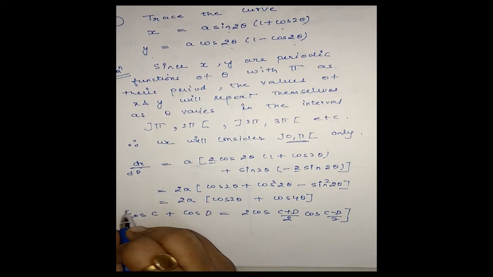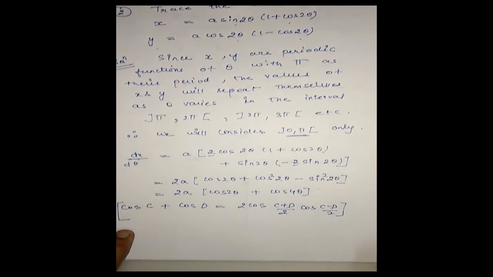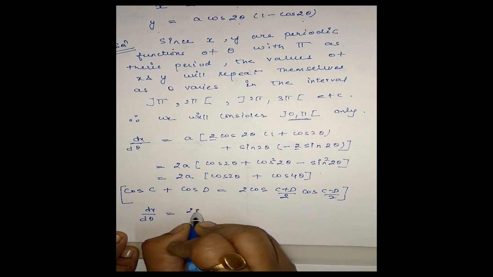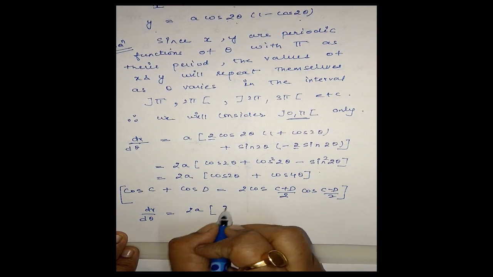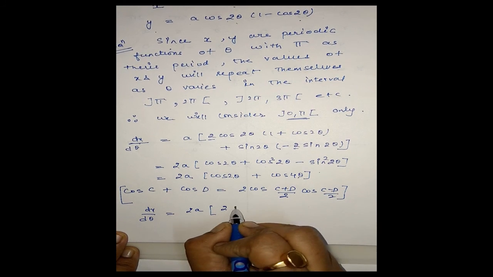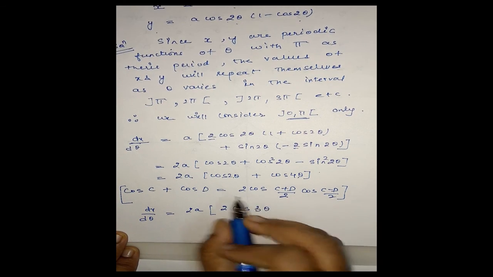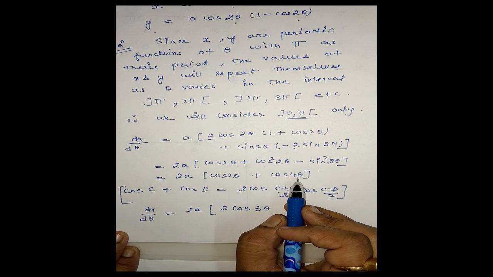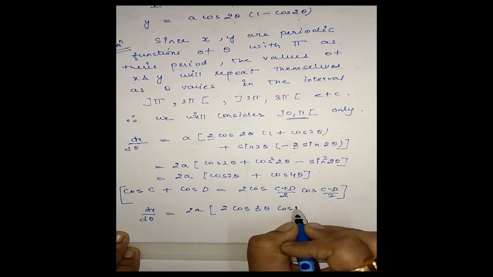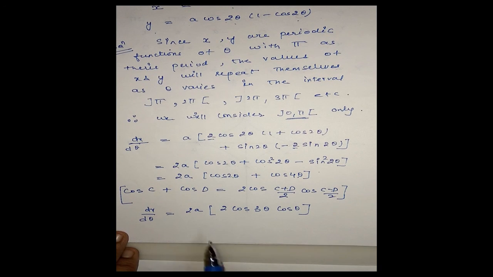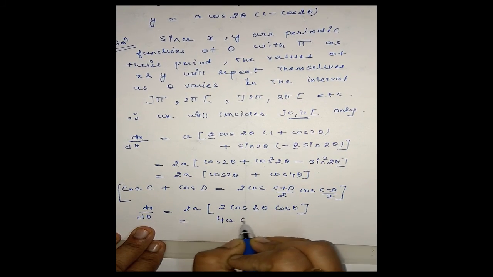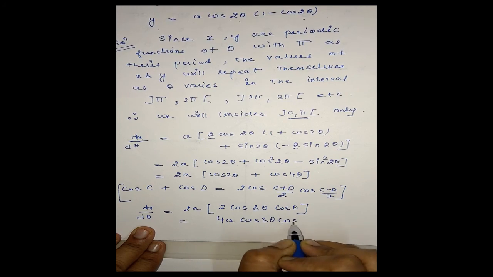Applying this formula, dx by d theta is equal to 2a into 2 cos (2 theta plus 4 theta, that is 6 theta by 2) which is cos 3 theta, and cos of (2 theta minus 4 theta by 2), that is minus theta, and cos of minus theta is cos theta only. That means this is equal to 4a cos 3 theta into cos theta.